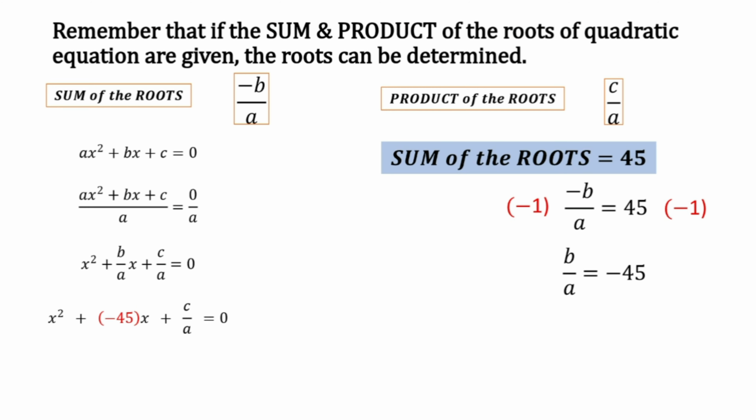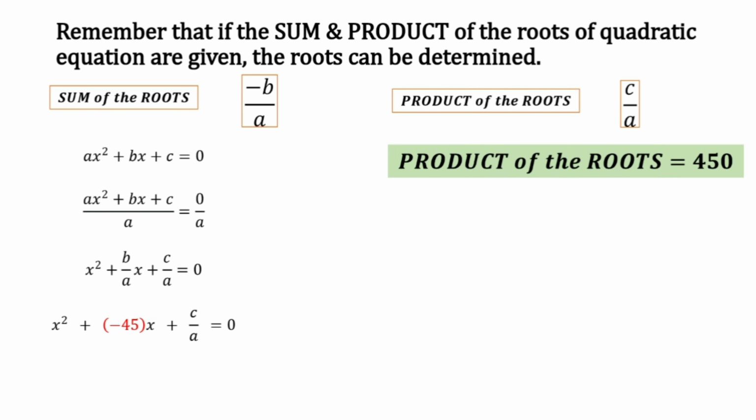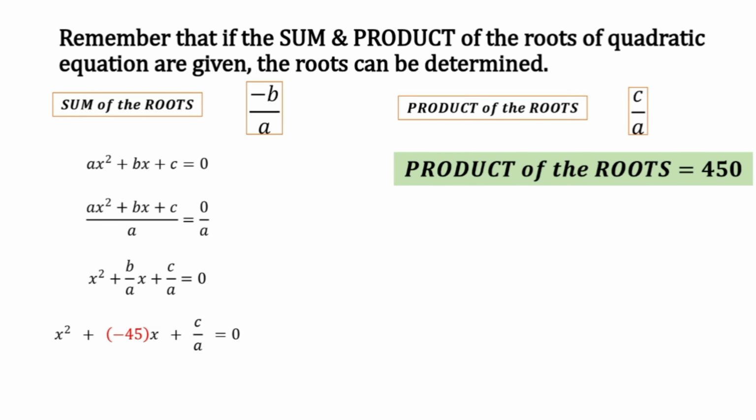Substituting negative 45 for b over a, we have x squared plus quantity negative 45x plus c over a equals 0. For the product of the roots, the given is 450. Again, the expression is c over a equals 450. As we substitute 450 into our expression, it will lead us to x squared plus quantity negative 45x plus 450 equals 0.